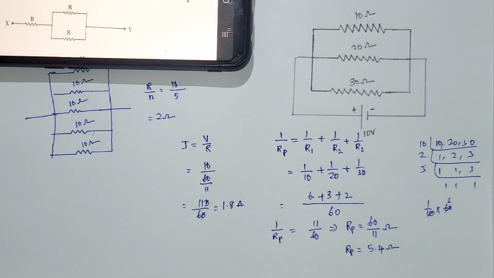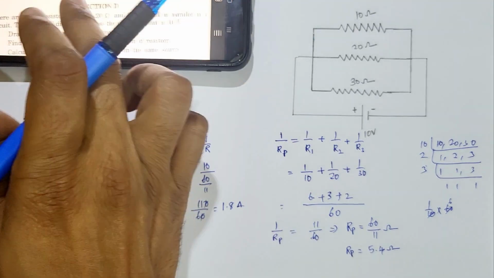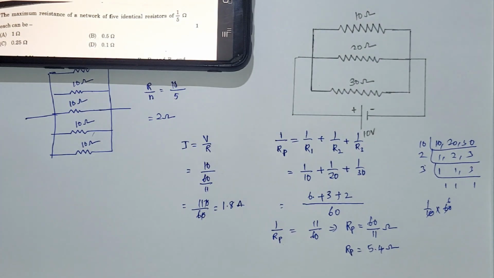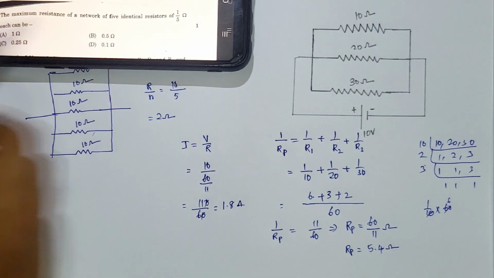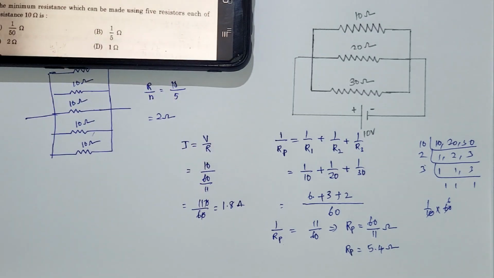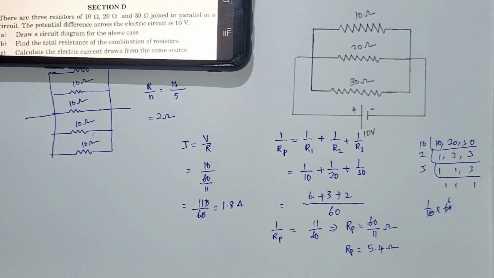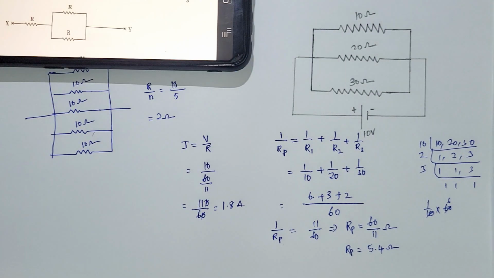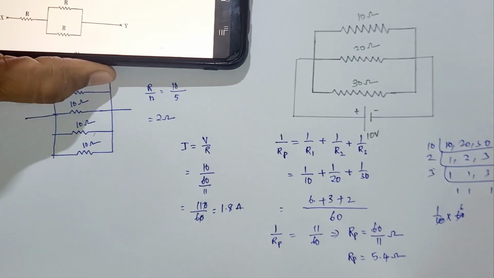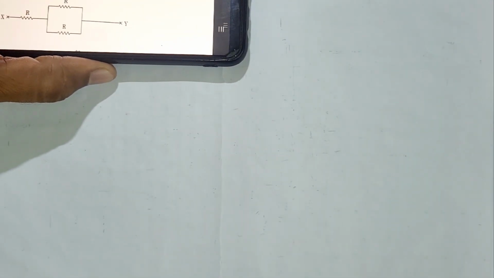Now see, this is about series and parallel combination. Until now, the first question was only maximum resistance, series combination. The next question was only parallel combination. This question is also only parallel combination. This question is now a combination of series and parallel. How to solve problems on series and parallel combination?